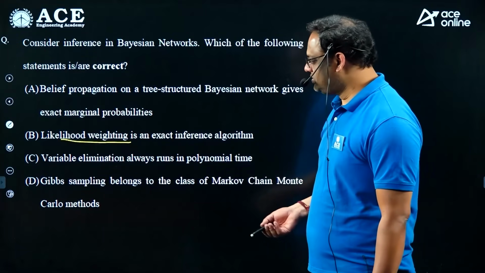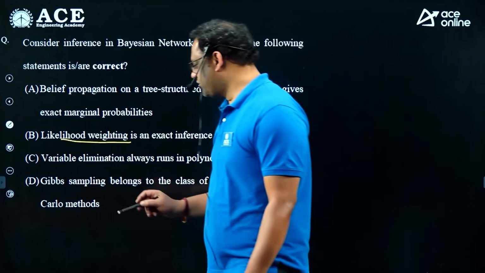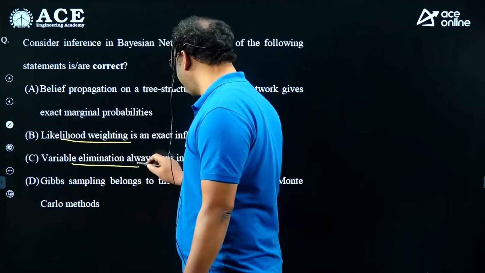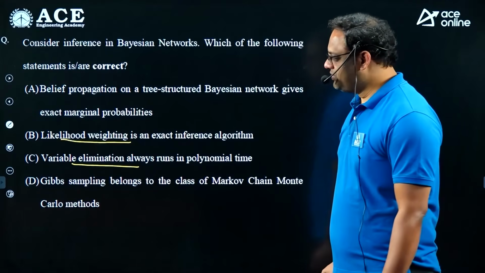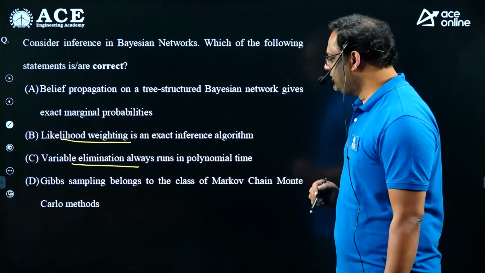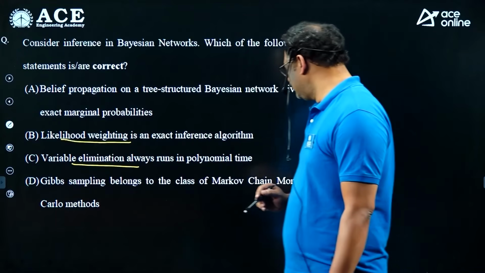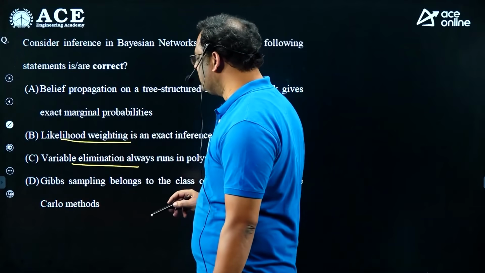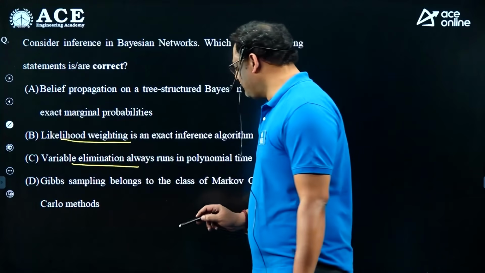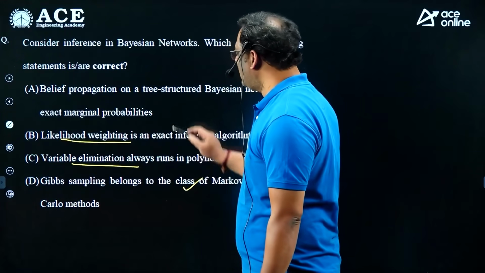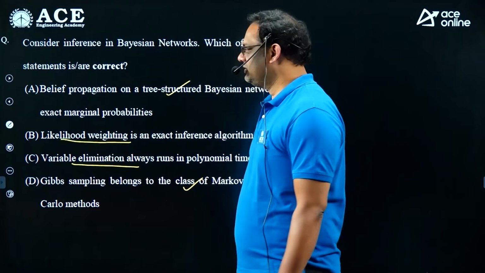Even variable elimination is not confirmed to run in polynomial time. Coming to option D, Gibbs sampling belongs to the class of Markov chain methods and comes under approximate inference. So we can confirm option D is correct and also option A is correct.